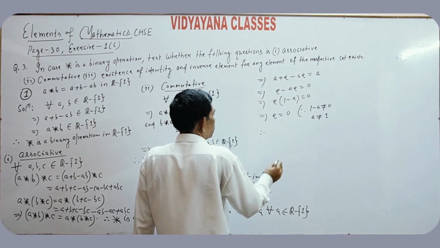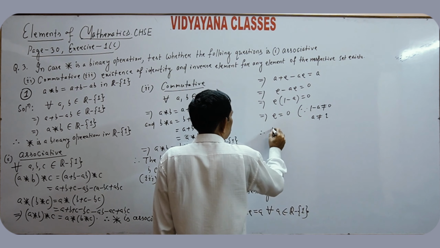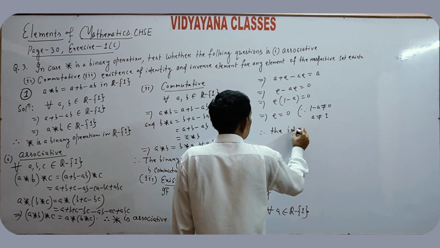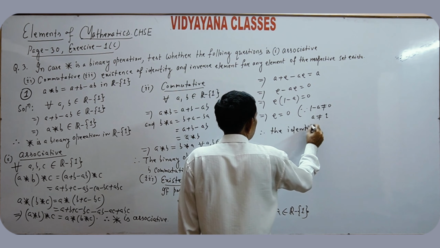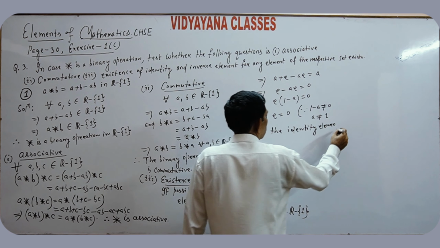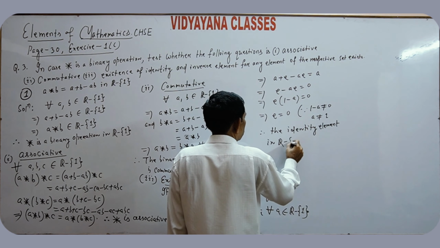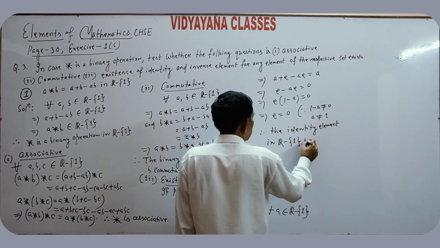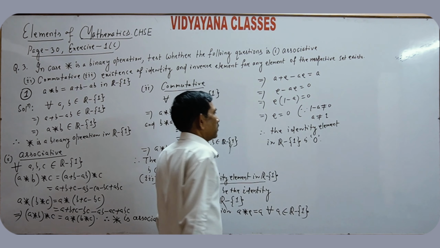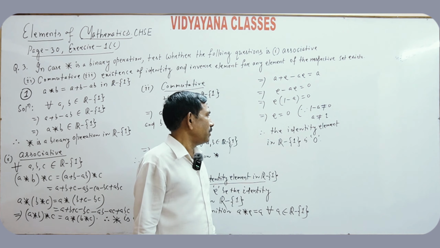Therefore, the identity element in R minus set of 1 is 0.